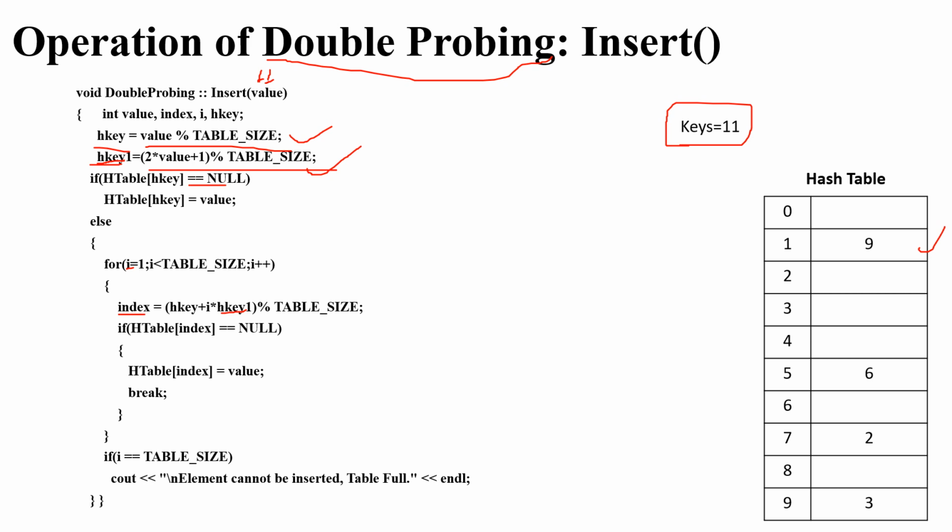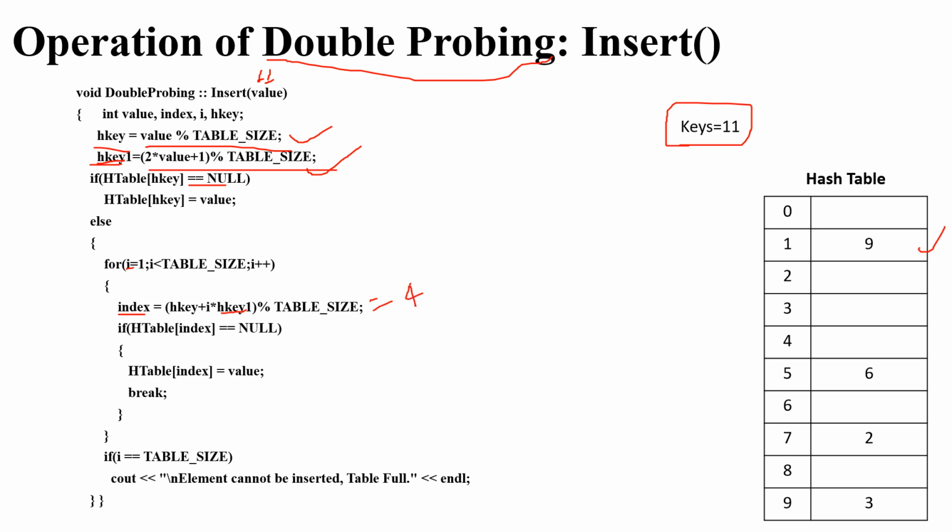So 1 plus 3 into 1. 3 into 1 is 3, plus 1 is 4, modulus table size. If you do that, you get index value 4.